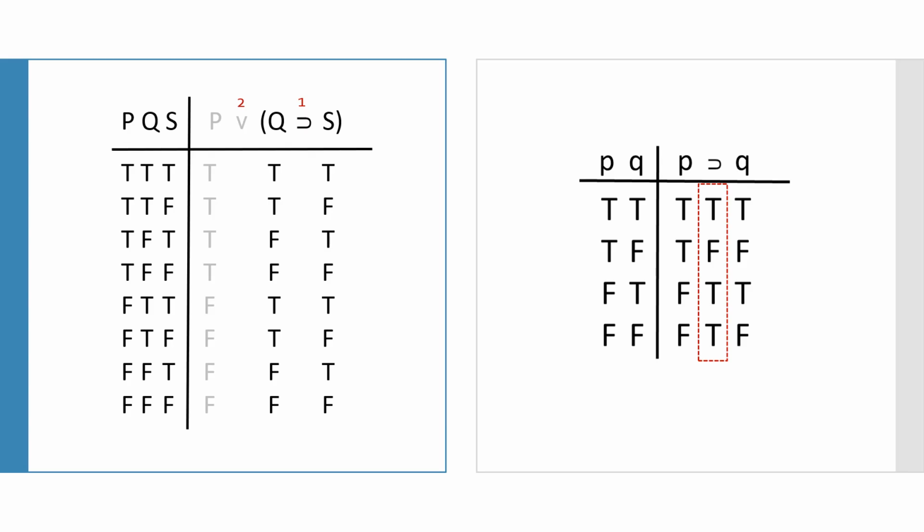And if you remember, when you have a conditional statement, the only time it is false is if the antecedent is true, but the consequent is false. So we're looking for that particular relationship, and we want to just go stick in false wherever you find it, and then fill in true everywhere else. So notice the second line is a true to false, and that is going to be false.